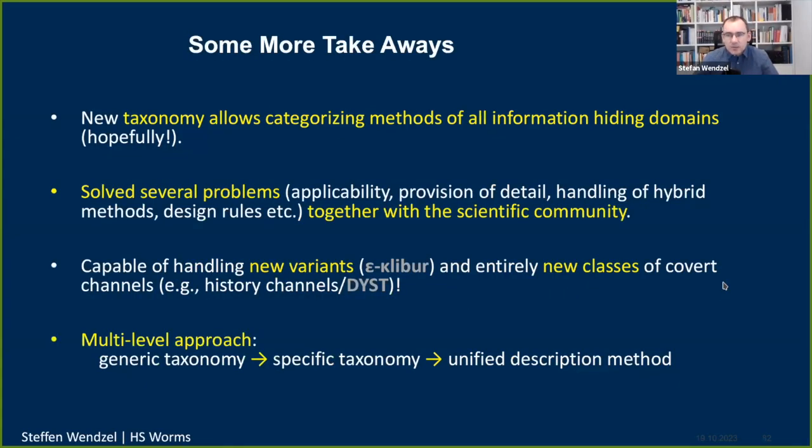Some more takeaways are the following. The new taxonomy allows categorizing methods of different domains, hopefully, because you can never test all techniques for all domains, and some might just appear in the future and we cannot test them now. We have solved several problems like with the binomial nomenclature, we have the hybrid methods, we have design rules, and so on.